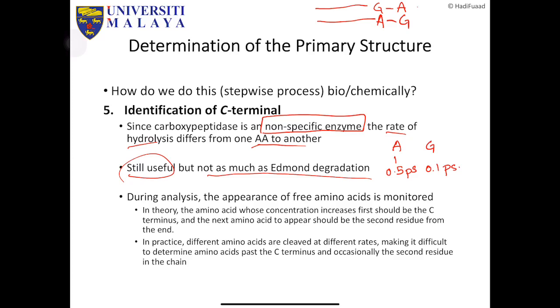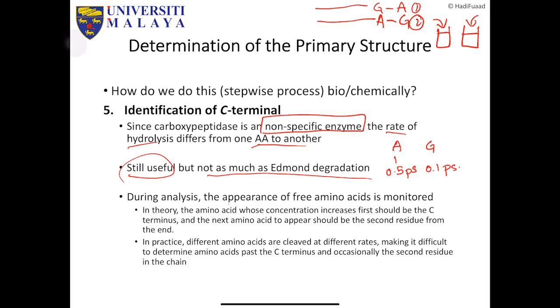If you put these two sequences into separate beakers and add your carboxy exopeptidase, you'll get the same reaction time, same product within 1 second. So how can you determine which one is at the C-terminal? You can't. That's why it's still useful, but not as useful as Edman degradation, because Edman degradation is chemically induced, so you can actually control the reaction very, very well.